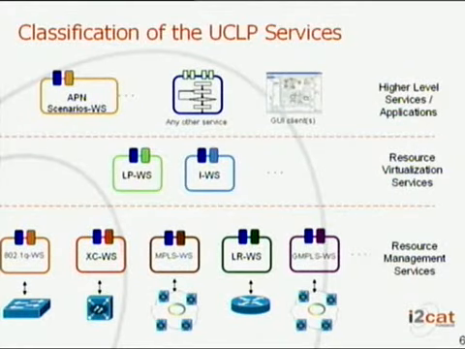So just a little bit of the description of the architecture, just high-level stuff. We have three different groups of web services. At the bottom of the picture, we have what we call the resource management services, which are a kind of mediation layer between the software and each one of the network technologies.